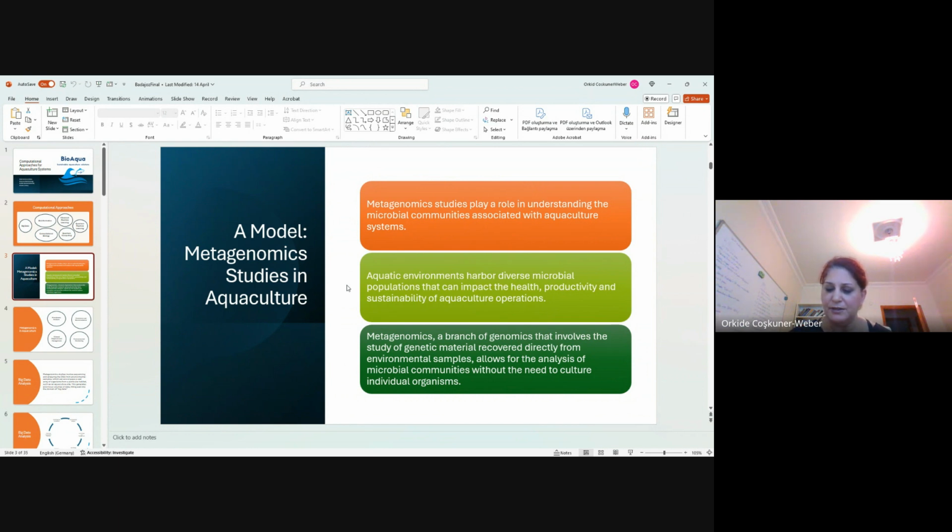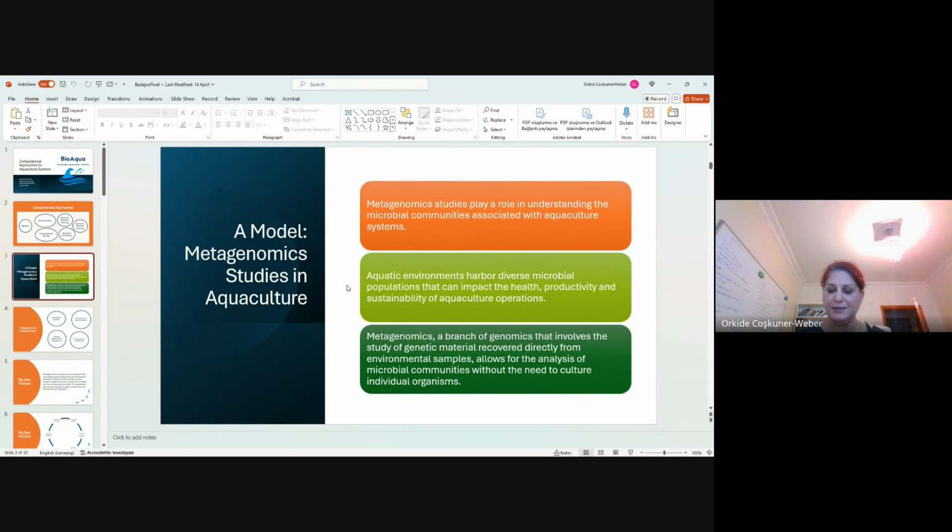Understanding microbial diversity can help in assessing water quality and detecting harmful pathogens. In fact, metagenomics can be used to monitor and detect pathogens that cause diseases in farm species.